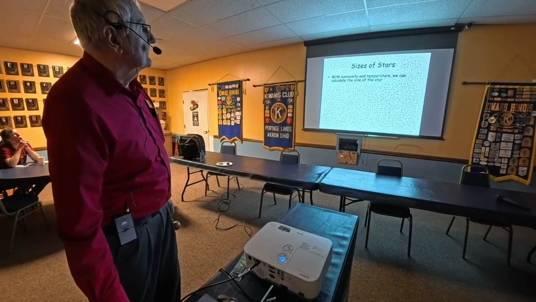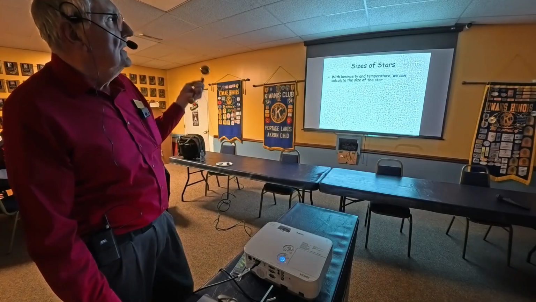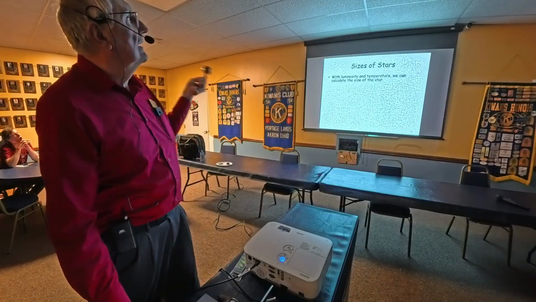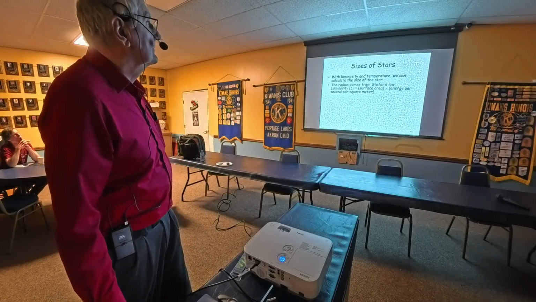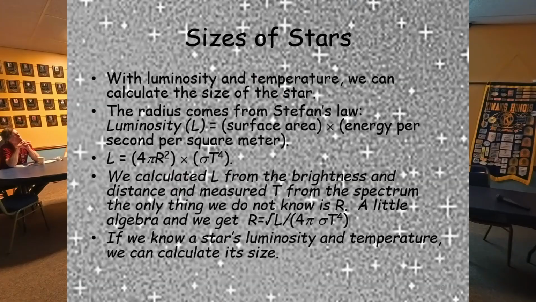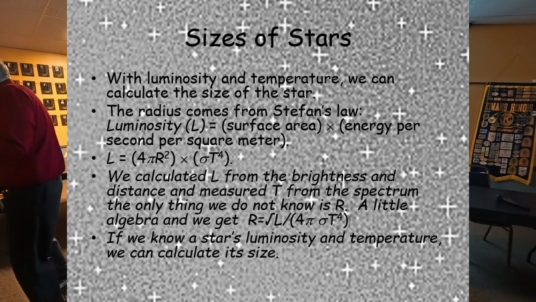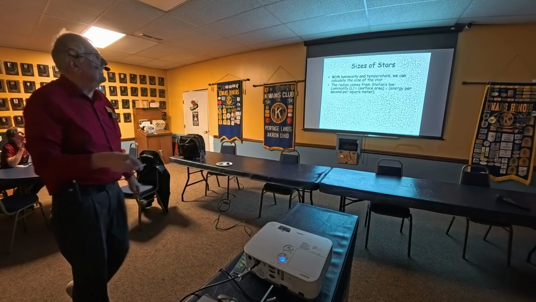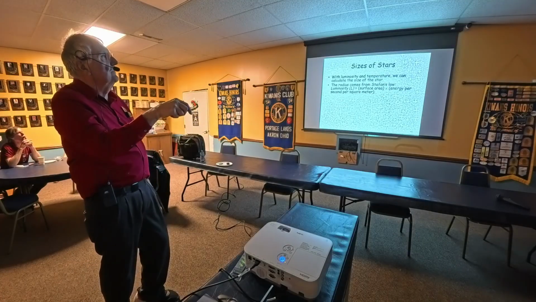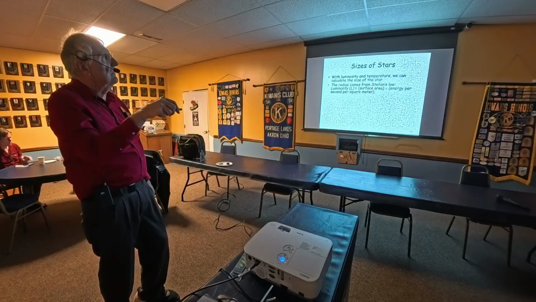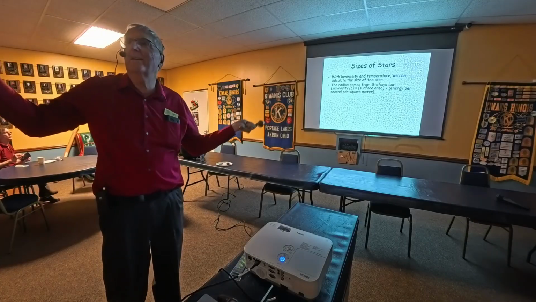If you know the luminosity and the temperature, you can figure out its size. Okay, if we go from the Stefan-Boltzmann law, if y'all remember back about 10 slides ago, the total luminosity is going to be the surface area multiplied by the amount of energy per square meter.